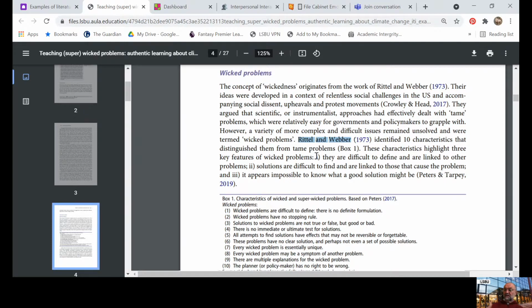So that's a summary of what Rittel and Weber did. There's nowhere in this paragraph where the authors of this particular journal article are saying this means that, or my interpretation of this is as follows. You don't need to do that in a literature review. All you are doing in a literature review is presenting other people's ideas.